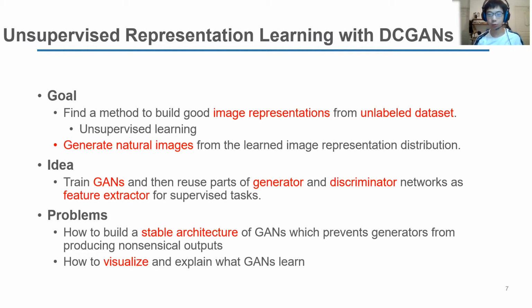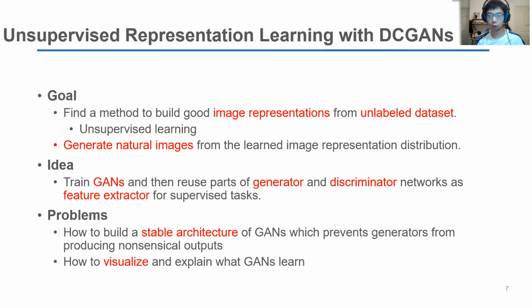DCGAN is an improved version of GAN. DCGAN actually is a set of neural network architecture topology constraints we will mention later. The major reason to develop DCGAN is to find a method to build good image representation from unlabeled datasets through an unsupervised learning process.